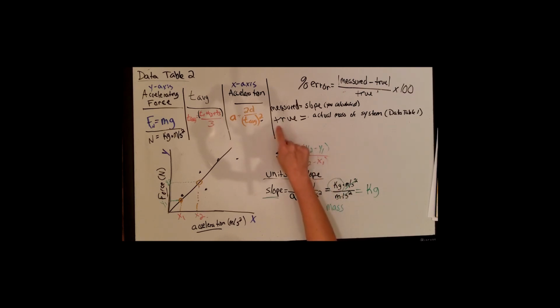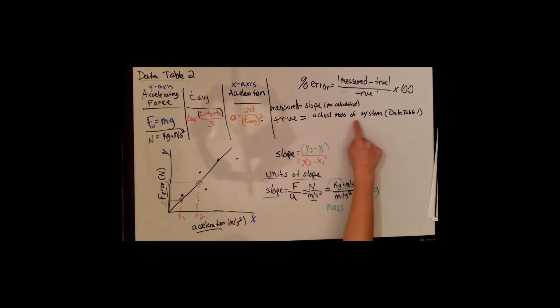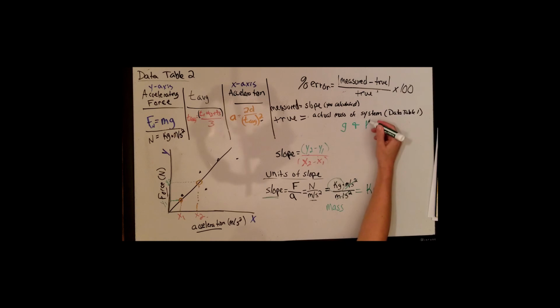The true value of the system is the actual mass given in data table 1. I do want to point out that in data table 1, you are given the true mass in grams and kilograms. So make sure that you choose the correct units when you plug it in, because you are comparing these two, so they need to be in the same units.